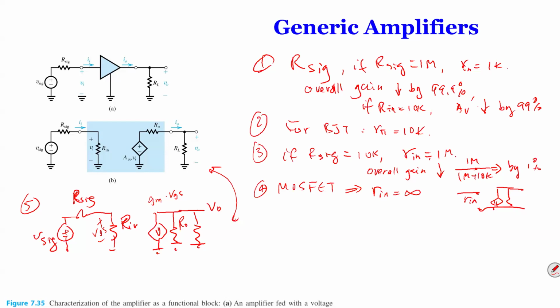Now let's look into a few things. You already notice what's important for the input resistance. The larger the input resistance, the better for your circuit. So we want the input resistance to be big. Now, how do you make it big? Well, first of all, you can choose MOSFET. That's something you can do, right?